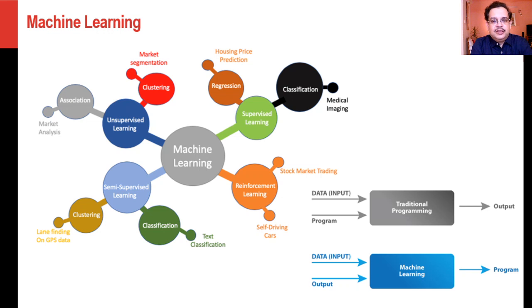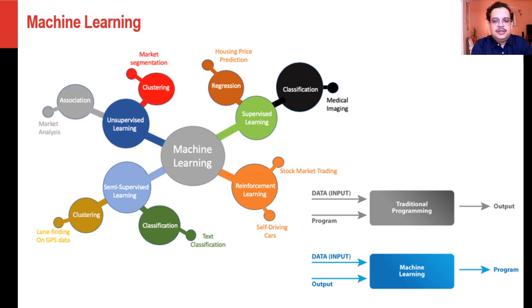Broadly, if we compare the way that traditional programming solves a problem vis-a-vis how machine learning solves a problem, that is shown here. In traditional programming you have data as the input, which is the inputs that you give to the program, and you execute the program with the inputs and you get the outputs.